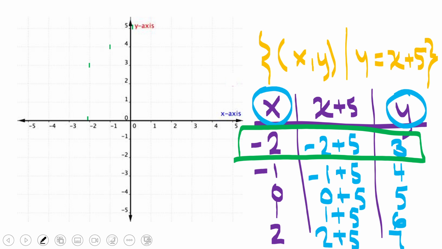We see a pattern emerging. 1 for x, 6 for y. 2 for x, and 7 for y, way up here. And we're going to connect our graph from y equals x plus 5, originally given as our expression. So it's just substitution and you're deciding on the values that go in for x. Hovering around 0 helps quite a lot.